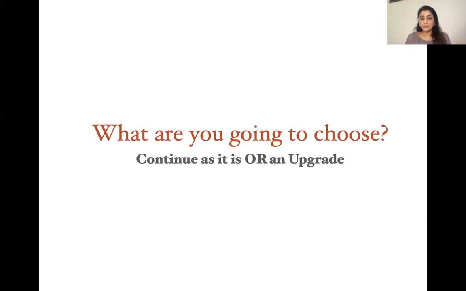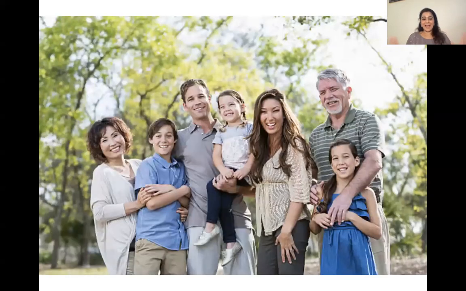So now what are you going to choose? As a parent, are you going to continue as it is, or would you choose an upgrade to give you a nice, happy family, be it an adult, be it you, be it a teenager, be it a young child?